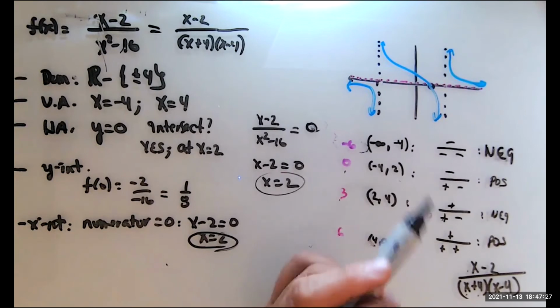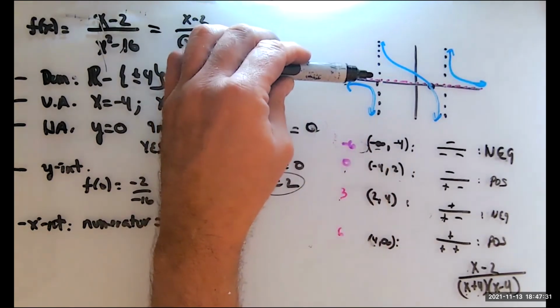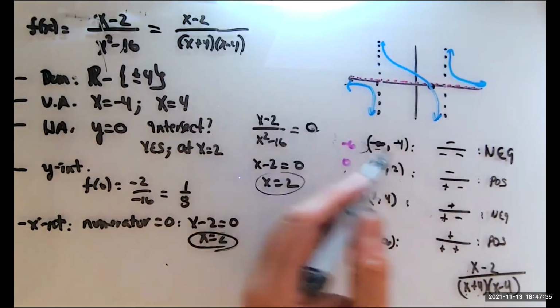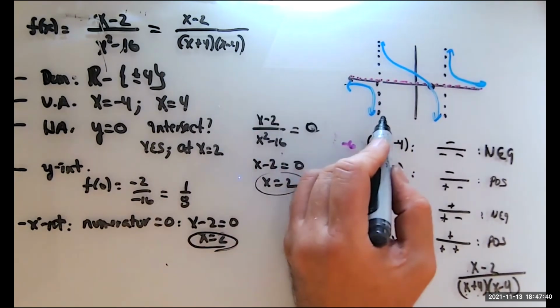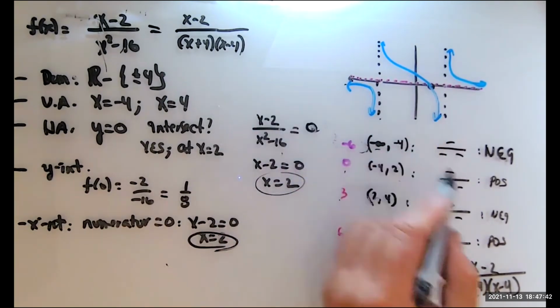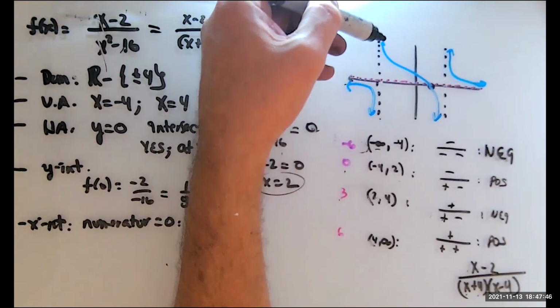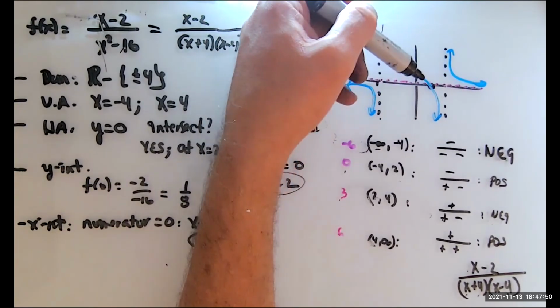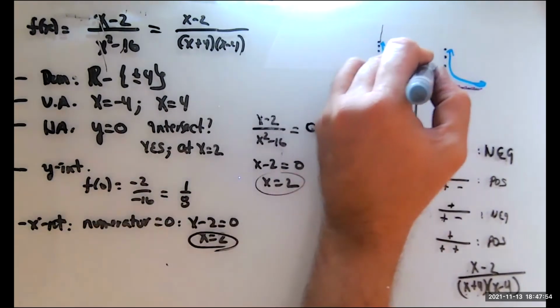So let's see what we have. From negative infinity to negative 4, the function is negative. I'm stuck between the two asymptotes, horizontal and vertical. The function is negative, so this is where the boomerang goes. From negative 4 to 2, the function is positive, so it has to come from this vertical asymptote, from the positive world, but I have to hit 2. And of course, I need to intersect my y-intercept, which is 1/8.